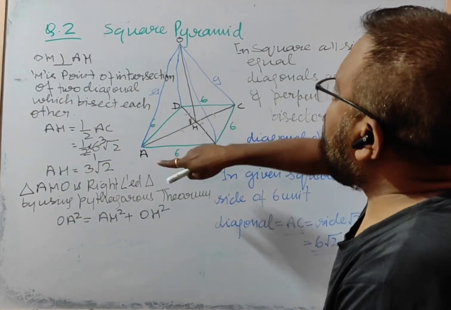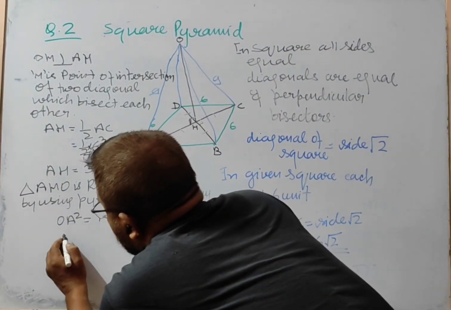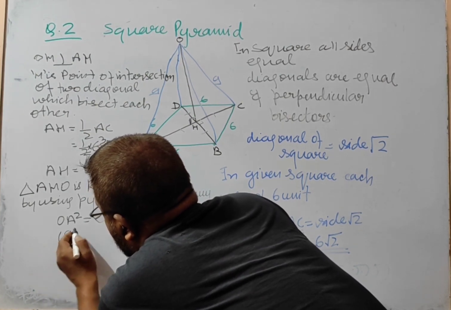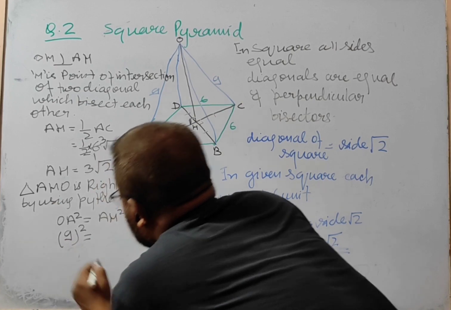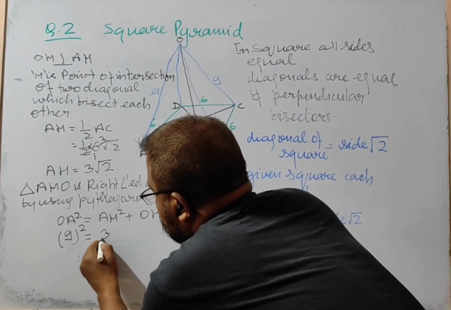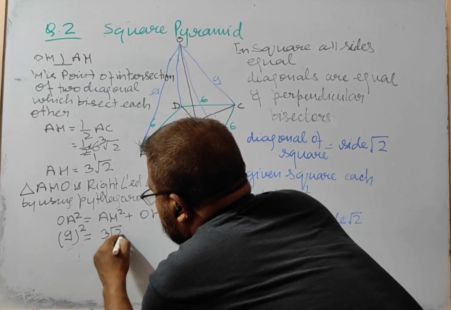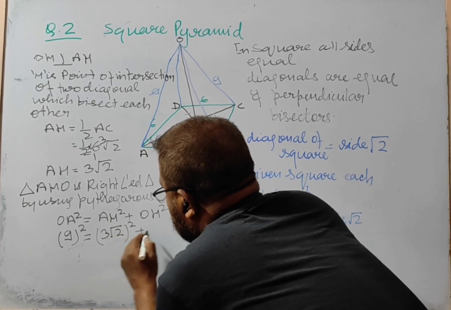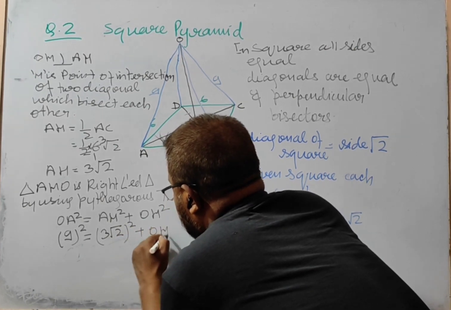So OA is 9. So 9 whole square is equal to AH, that is 3 root 2 whole square, plus OH square.